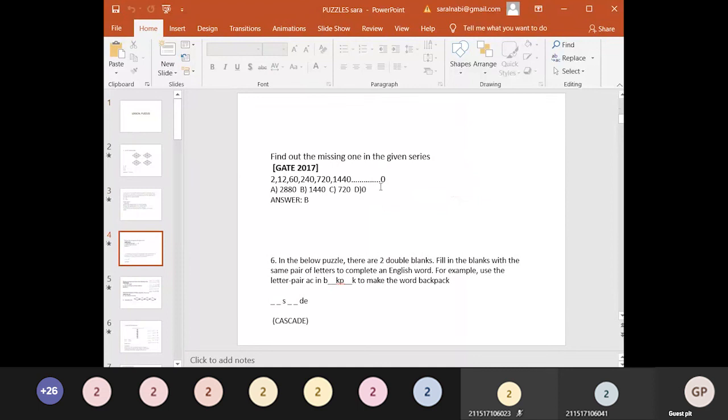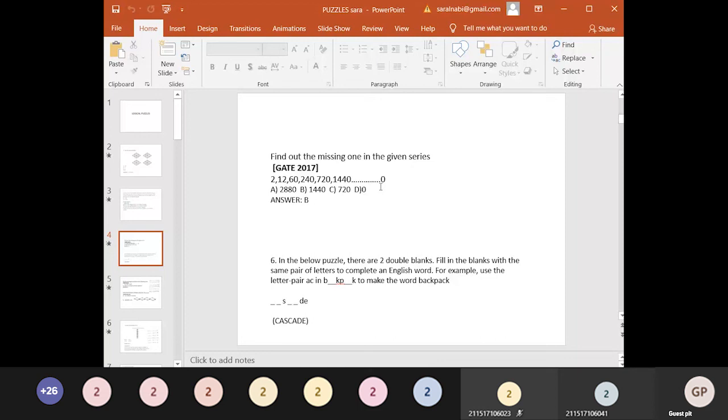Find out the missing one in the given series. They have given 2, 12, 60, 240, 720, 1440. What is the relation behind this? 6 twos are 12. 5 twelves are 60.